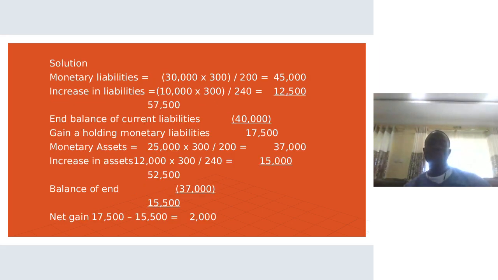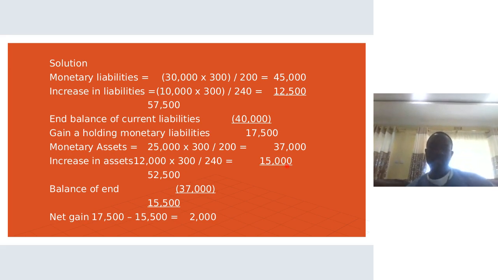So we have to also convert now the increase in the asset. Again, we use the conversion for December, which is 300, and the average conversion factor rate there, which is 240. So we'll have 12,000 times 300 divided by 240, and that gives us 15,000.